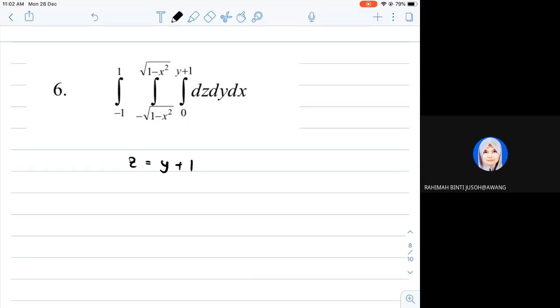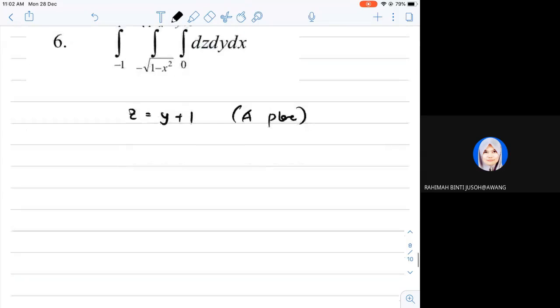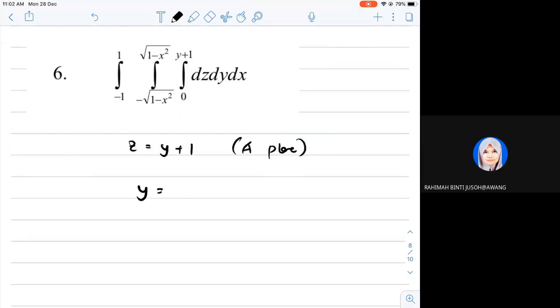So we know this is just a plane. Okay, just a plane. Alright, and then we have y equals to plus minus square root of 1 minus x squared. So if we square both sides, we will have y squared equals to 1 minus x squared. So we will have x squared plus y squared equals to 1.